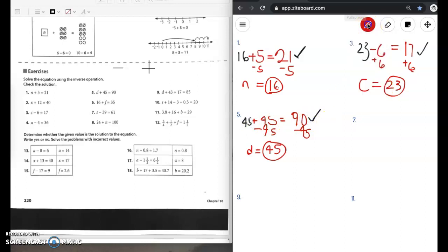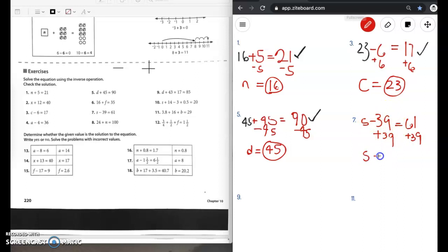Let's keep going. Number 7. S minus 39 equals 61. What is the inverse operation of minus 39? It is plus 39. So we're going to do the same thing on each side in order to keep things nice and balanced. All right, great. So this becomes 0.